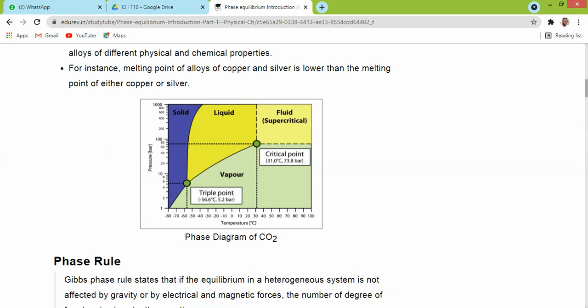So boiling point is the temperature at which the pressure in a liquid goes to the pressure of the surrounding, all right? Most of the time we take the surrounding to be at 1 atmosphere, okay? So when you are at 1 atmosphere, what temperature makes the vapor pressure of your solution equal to 1 atmosphere?